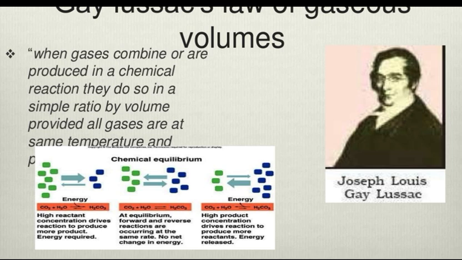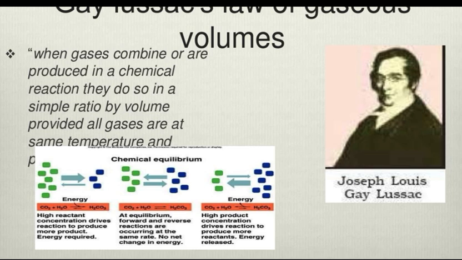But at equilibrium, forward and reverse reactions are occurring at the same rate. No need to change in energy. And then next, third part, carbon dioxide and water gives H2CO3. High product concentration drives the reaction to produce more reactants. Energy released. Okay, understand?